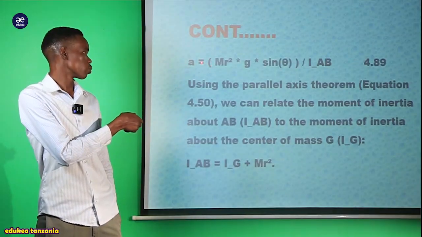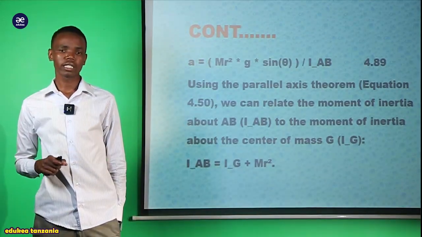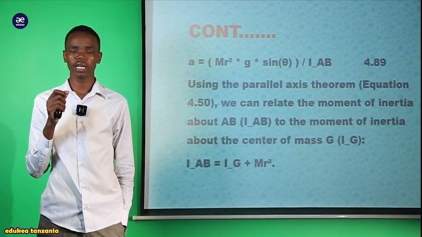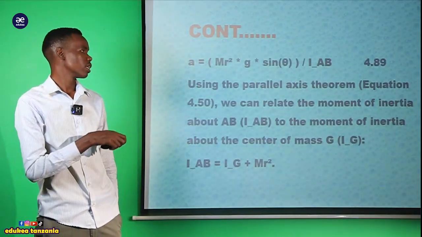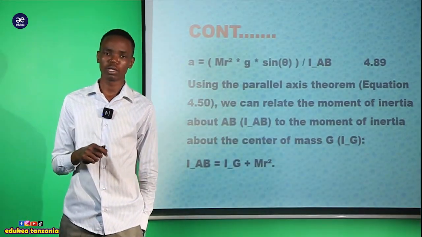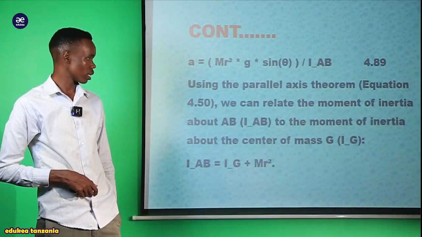We can conclude that linear acceleration a equals mR squared times g times sin theta, divided by the moment of inertia about the axis of rotation AB.